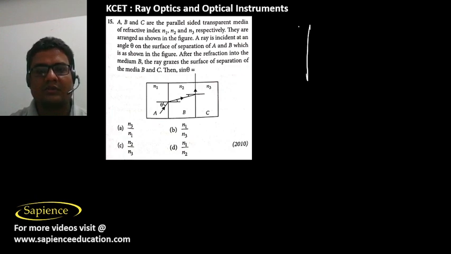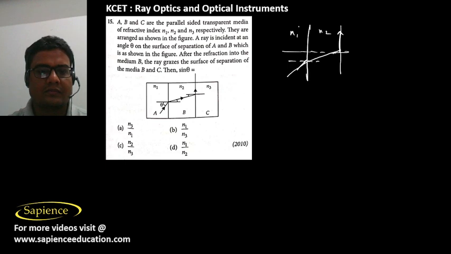So here this is N1, this is N2, and this is N3. This is theta, this is R, and this R is equal to the critical angle for N2 and N3.